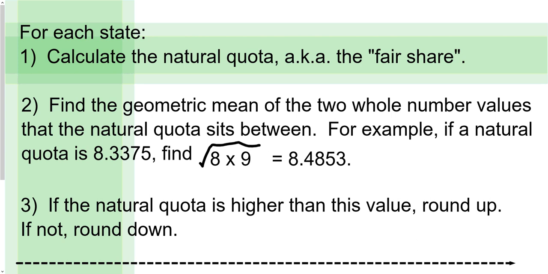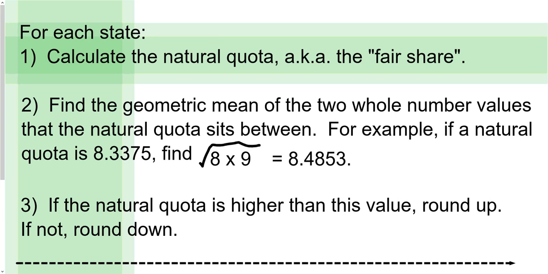Remember, the natural quota is, say, 8.3375, then they should only get 8 seats or 9 seats. So what we do is we find the geometric mean between 8 and 9. 8 times 9, take the square root. That's 8.4853. Again, close to 0.5, but a little bit less.